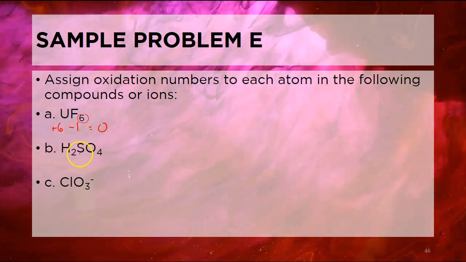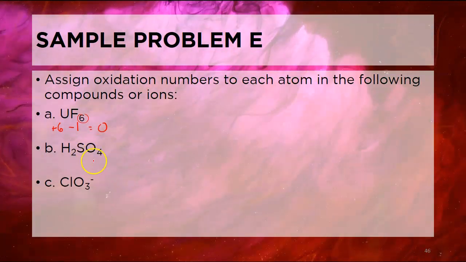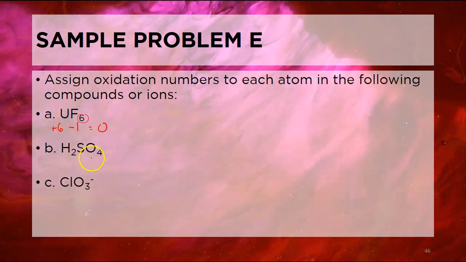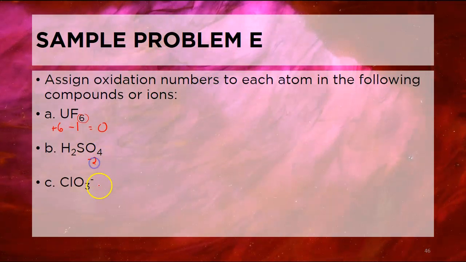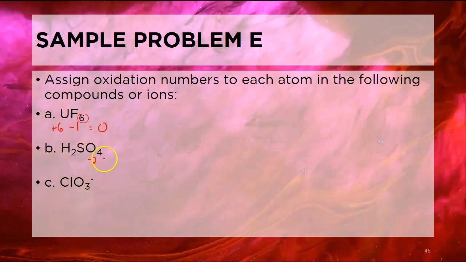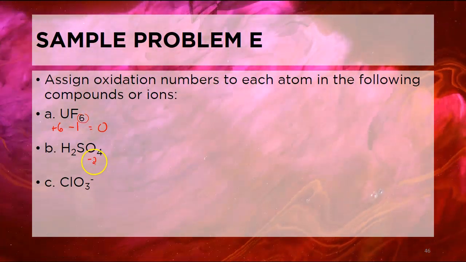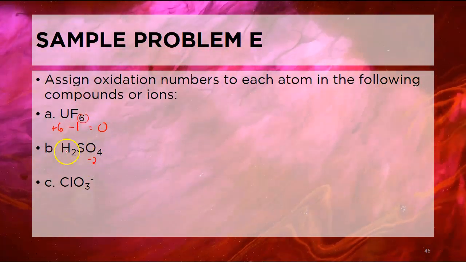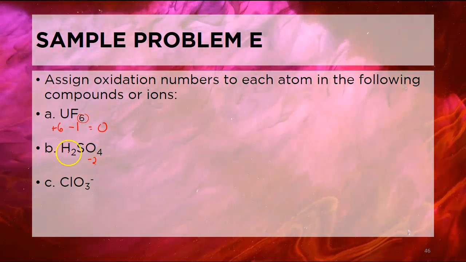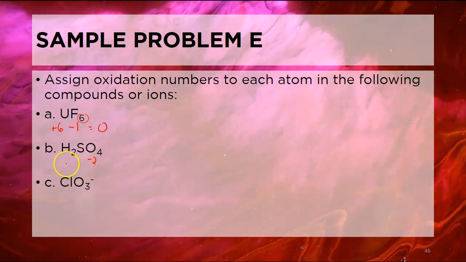It gets a little more complicated with this H2SO4. Oxygen is where I would start. Try to make that -2. So if I have 4 -2s, that makes a -8. Somehow these have to add up to +8. Remember, hydrogen can be a +1.